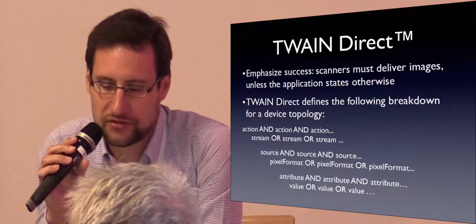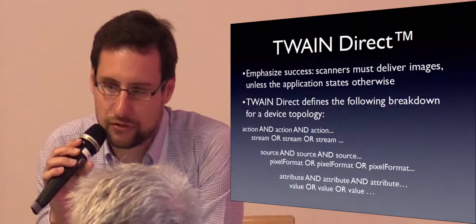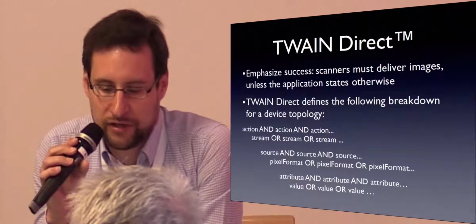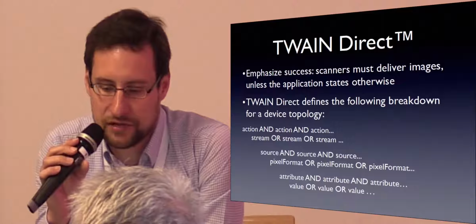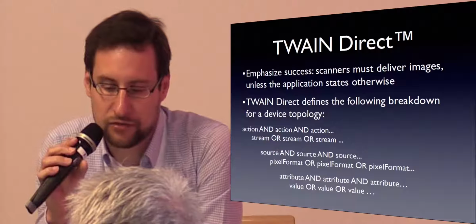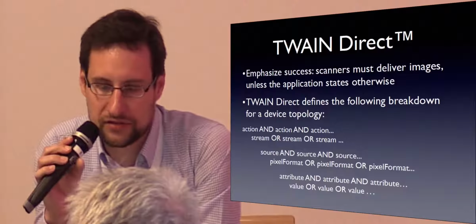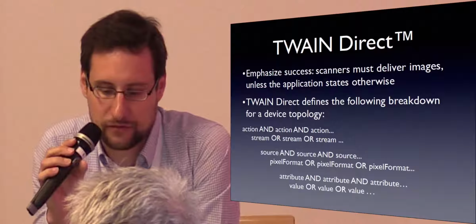A cheap scanner may only scan gray, and we want the user to always have success with scanning the document. So unless the application has a very good reason to tell the scanner, if something doesn't configure like I tell you, then fail, the default use case is to always get an image and have success for the user.